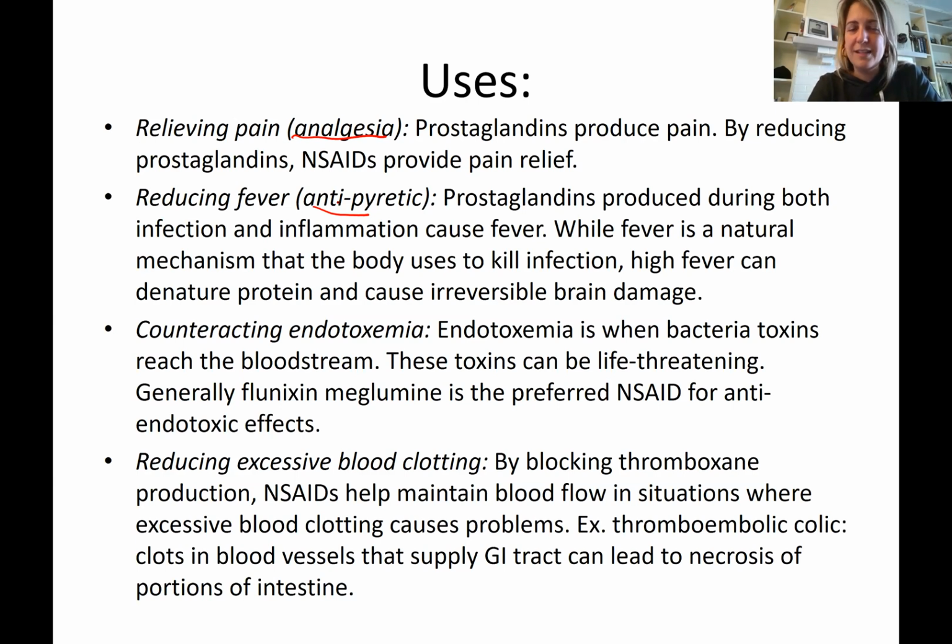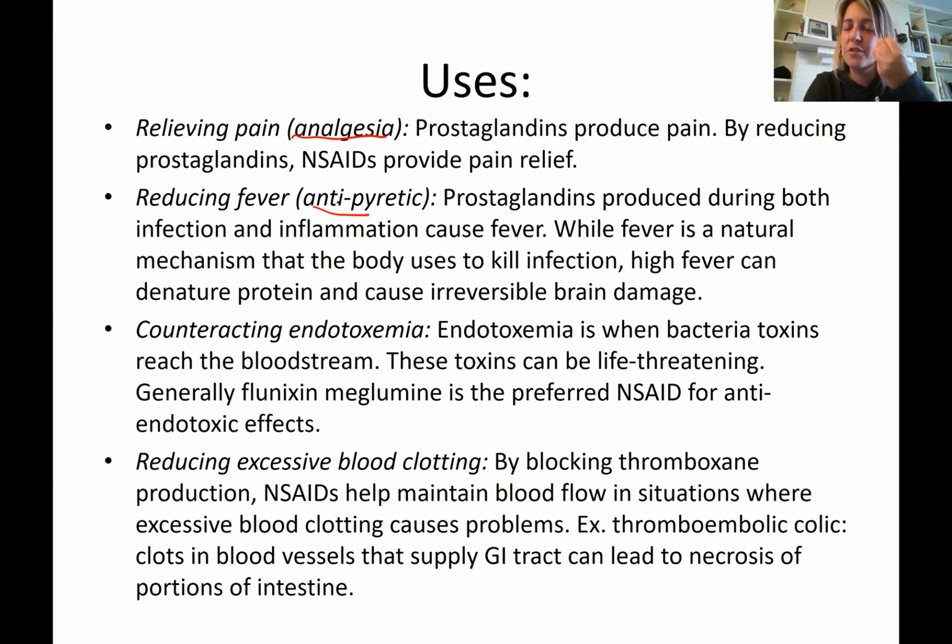To give you an example with high fever, the brain is pretty much made of fat tissue. Think about what happens to butter, a semi-solid fat, when you add heat to it. It melts.